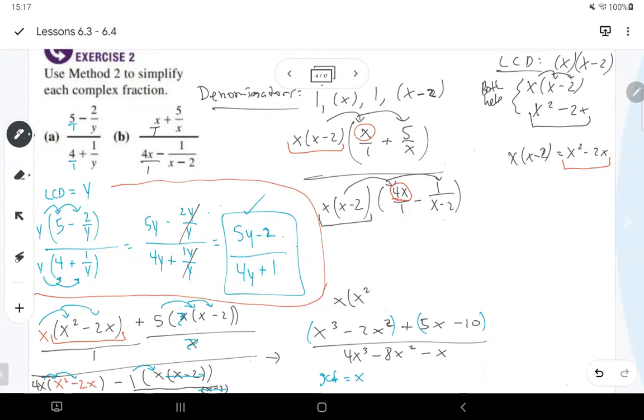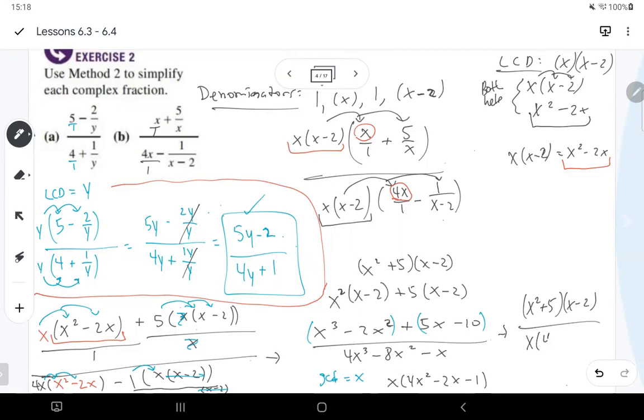From the numerator we're not just going to pull out an x, we're going to pull out an x squared, leaving x minus 2 inside, plus a 5 pulled out would be x minus 2 inside. So we get x squared plus 5, x minus 2. In the denominator we're going to pull out an x, so that'll give us x, 4x squared minus 2x minus 1.